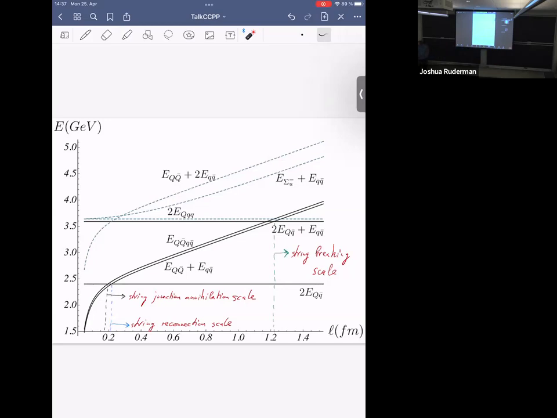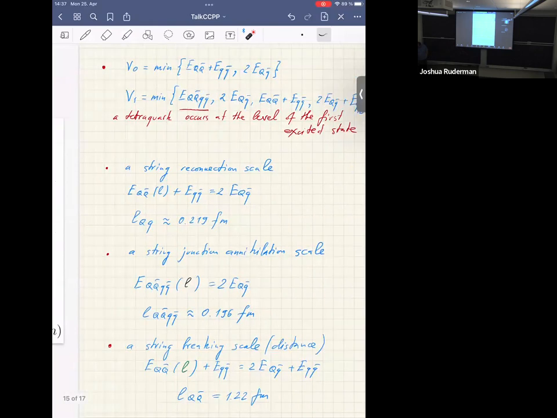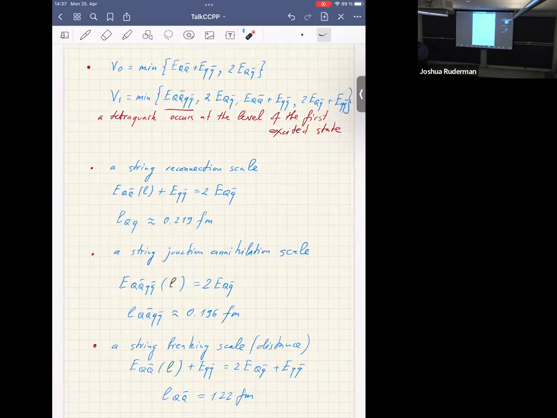If you estimate this scale, it is about a fermi, but note that it depends on the pion mass.